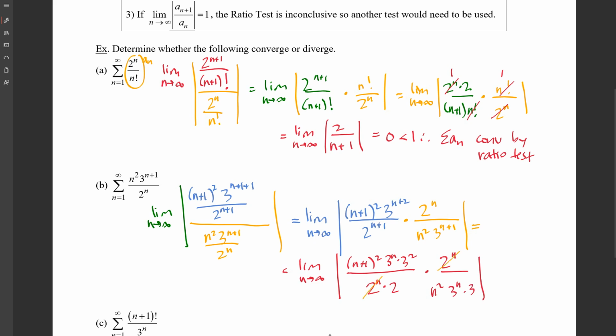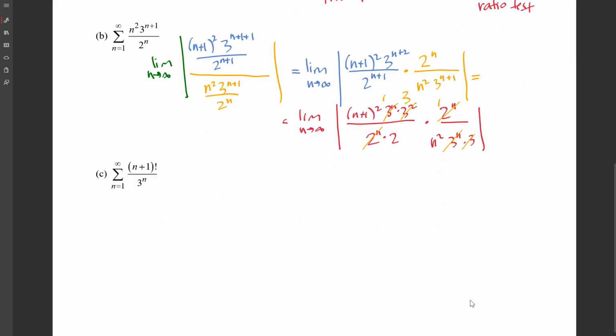The 2 to the n cancel out to 1, the 3 to the n's cancel out to 1. This is 3 squared and this is 3, so this is going to cancel out to 3. All right, so I think I've canceled out as much as I can. So let me see what the answer is here. This will be the limit as n goes to infinity of, I still have the n plus 1 quantity squared on the top. I've got a 2 times n squared on the bottom.